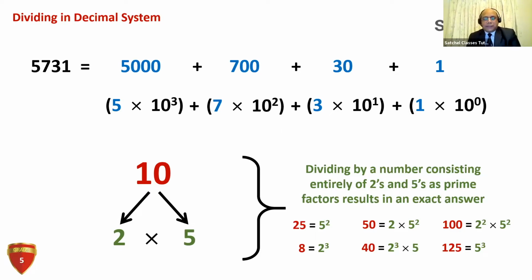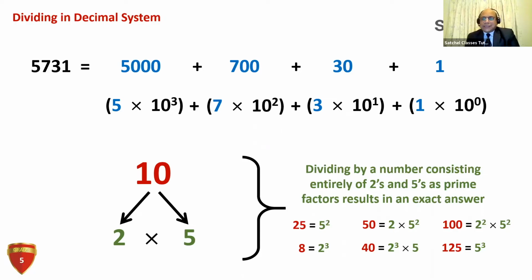No other prime factor. Or there could be other numbers which consist of only 2 and 5, like 50, which consists of only 2's and 5's, 2 into 5 squared. 100 is 2 squared and 5 squared, only consists of 2's and 5's, right?